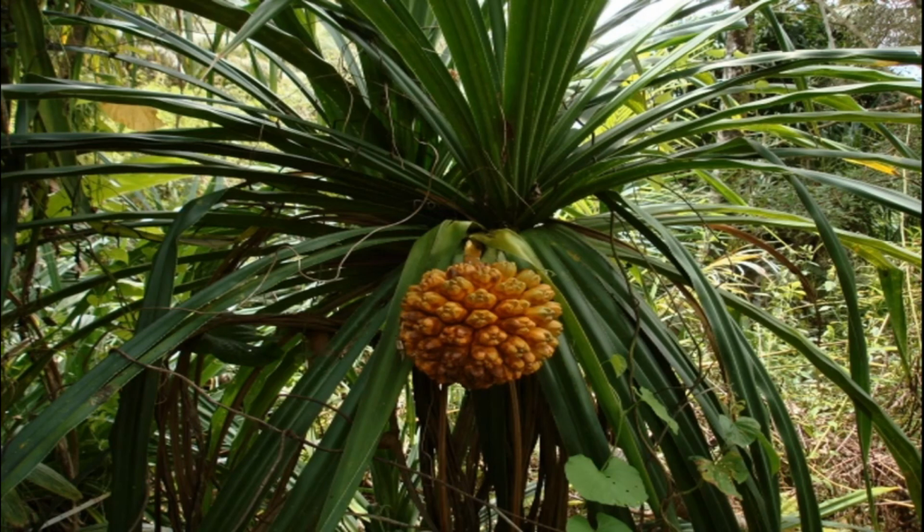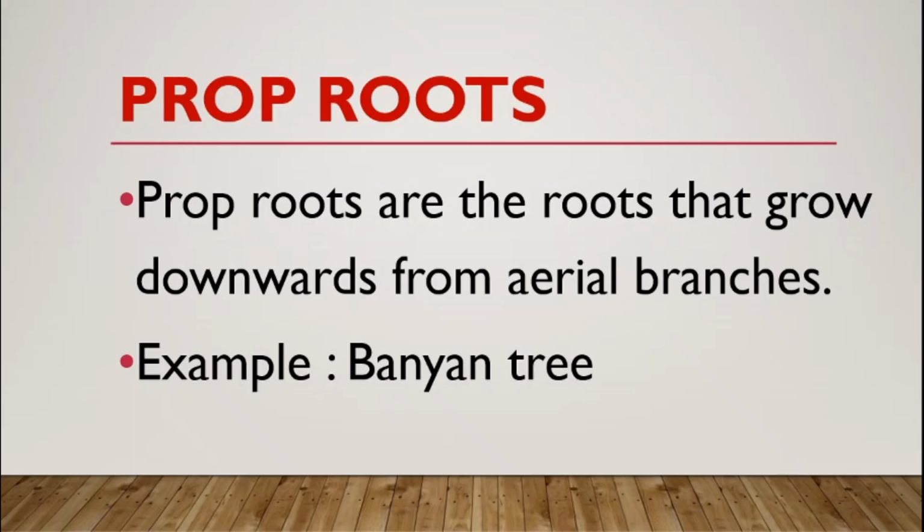But in case of scupine, you can see the roots growing downwards from the stem. So in case of banyan tree, roots are growing downwards from the branches, but in case of scupine, roots are growing downwards from the stem. Therefore, it is clear that there is a difference between prop roots and stilt roots.